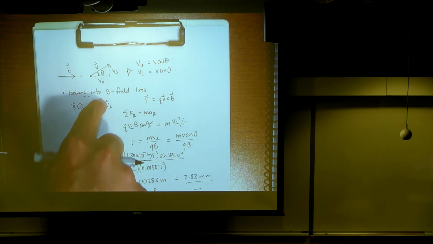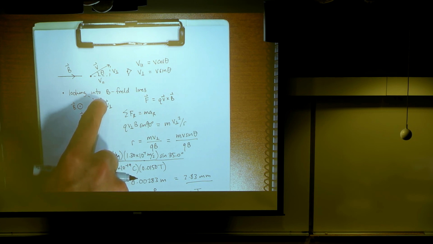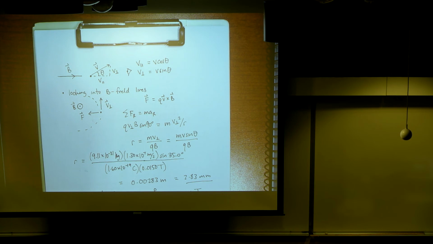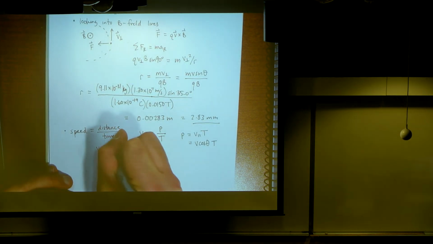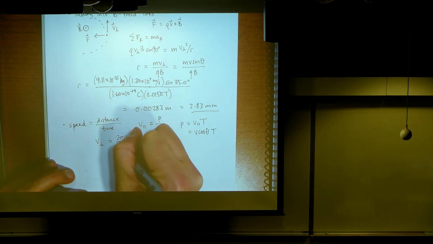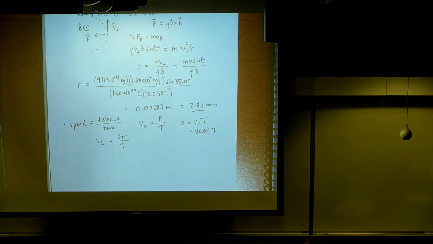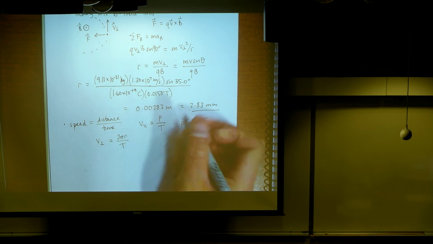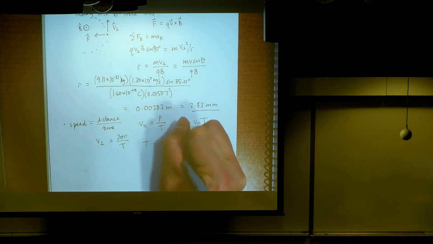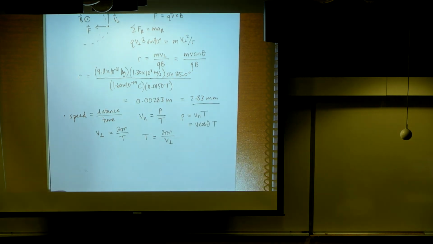So what is our distance if we are talking about one period? 2 pi r, right? In one period, we go around the circle one time. So our distance would be 2 pi r, and our period would be T. And we want to find the period, so T is 2 pi r divided by V perpendicular, like this, all right?